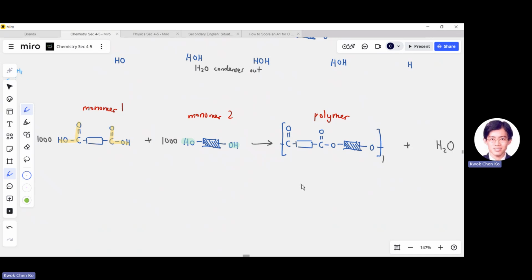So make sure you put 1,000 then. Do not put N anymore. So of course, my water should be 2,000. Occasionally, they'll give you an exact number too. So just be very adaptable about that. So yeah, that completes your polyester. 2 types of polyester.